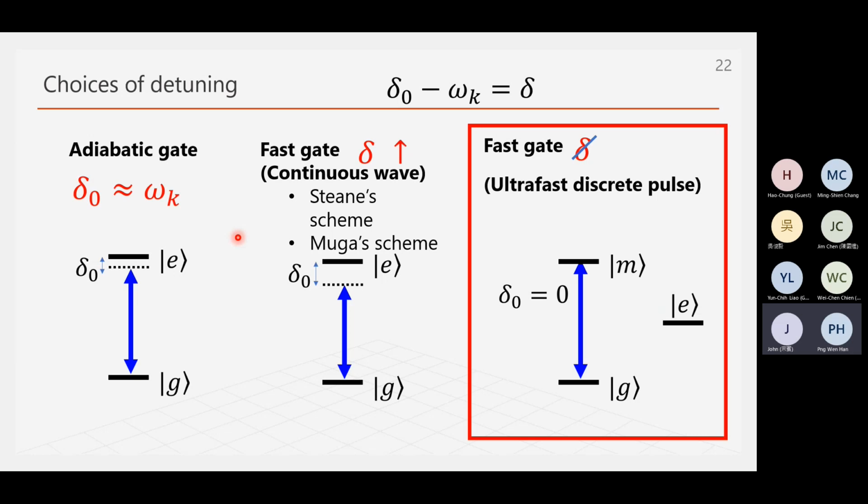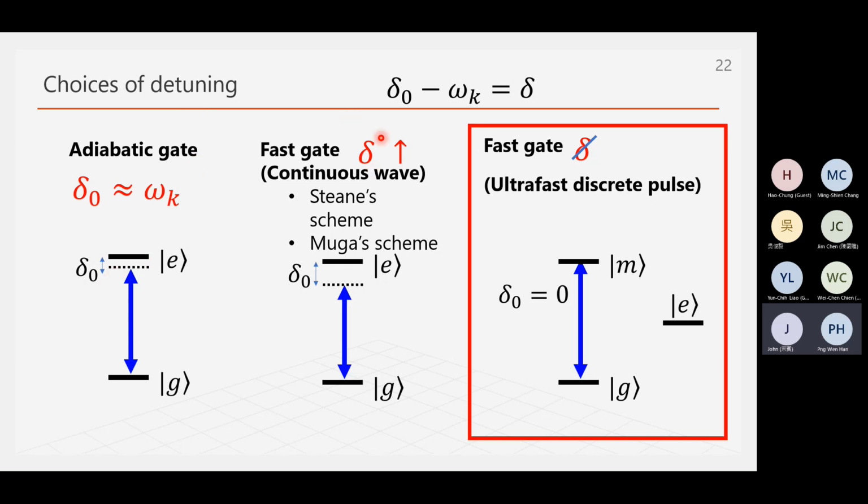But there are some solutions that come out of it. So now let me explain more about it. Like I said before, for a diabatic gate, we want the detuning to be tuned close to the motional frequencies. So this will determine your gate speed.